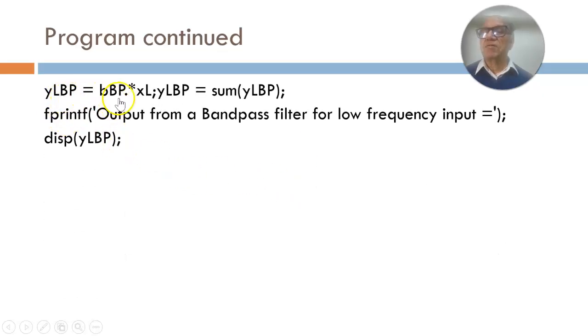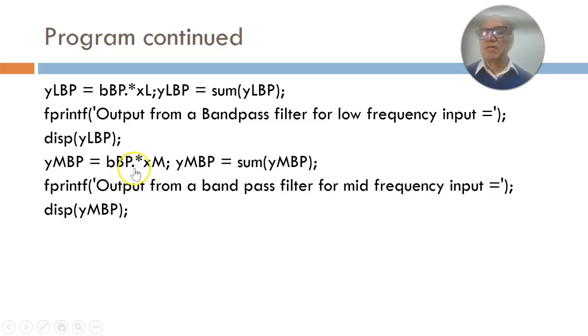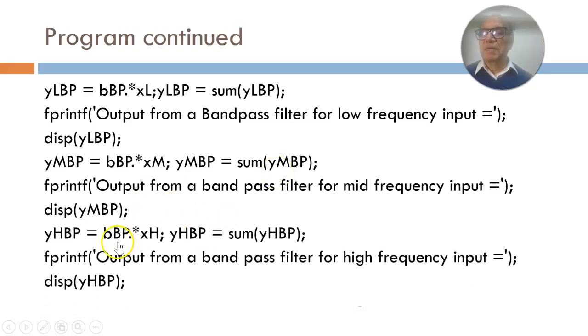Similarly, you do this for band pass. The band pass filter with low frequencies, output, and you print that. Then band pass filter with the medium frequency signal, you form the sum of the products and print the output. Then finally band pass filter with high frequencies, calculate the sum and print the output.